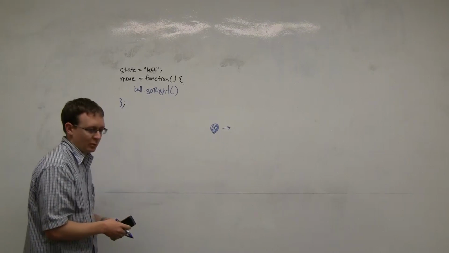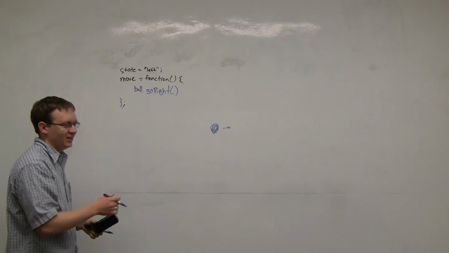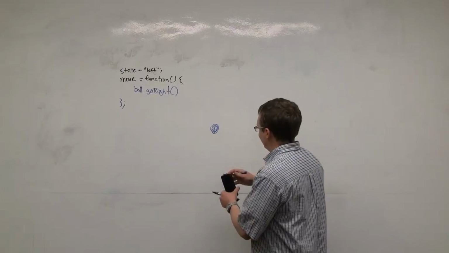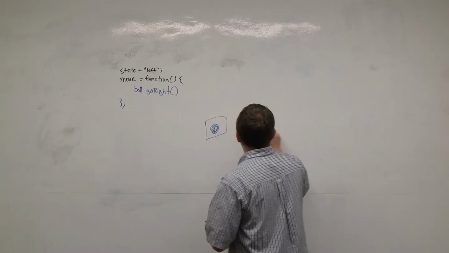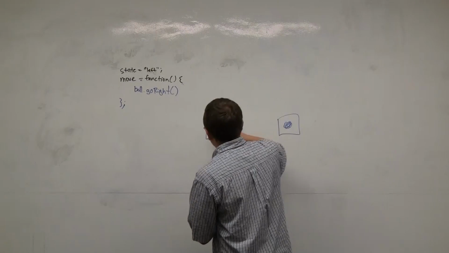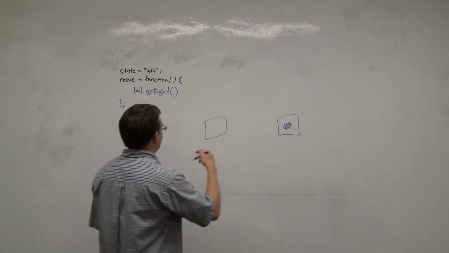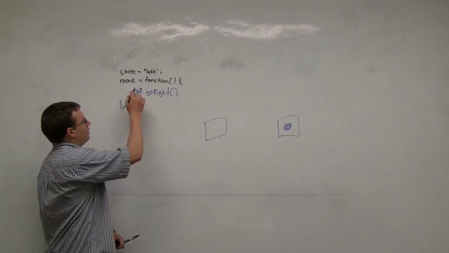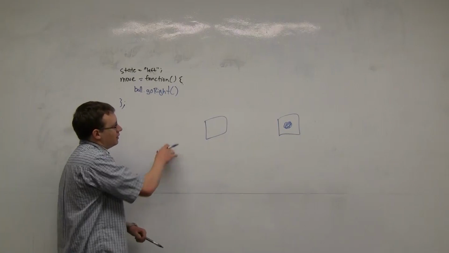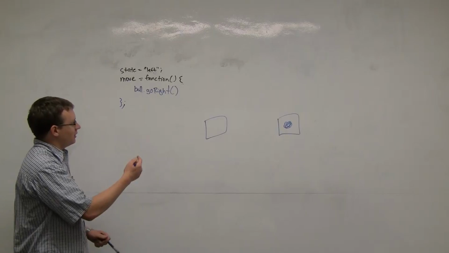The ball moves over, so now it's there. But I want it to move back, so I'm going to call this move function. And the move function is going to say, hey, ball, go right. Uh-oh, we've got a problem. That's not correct. We need to go left.